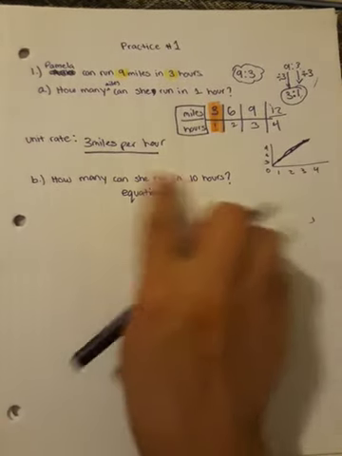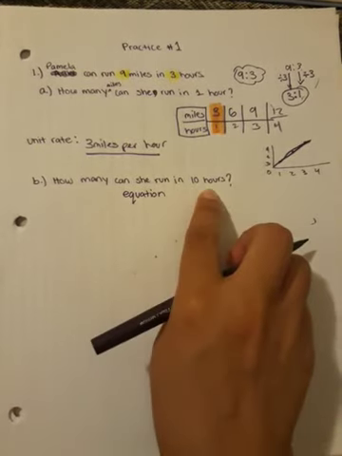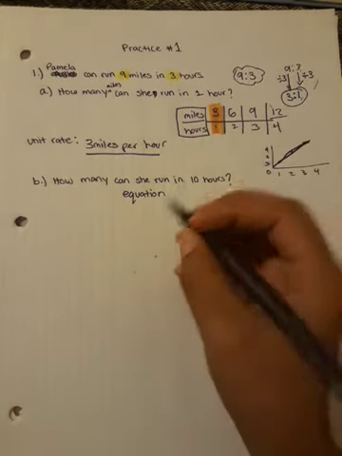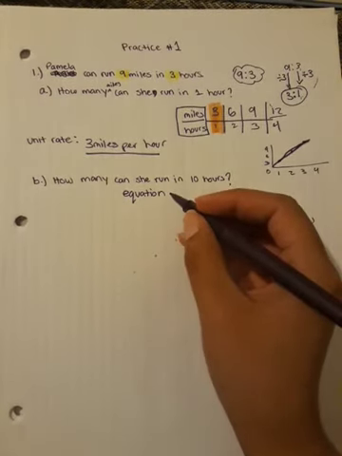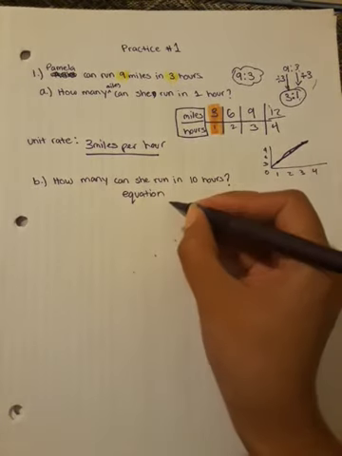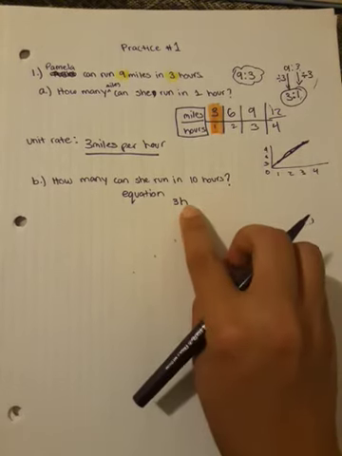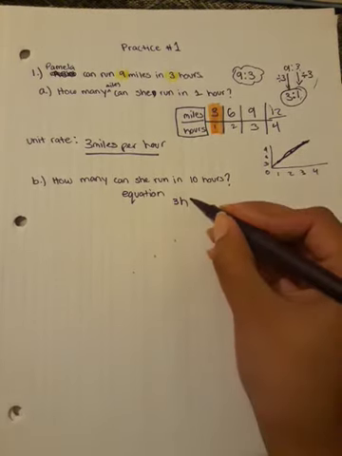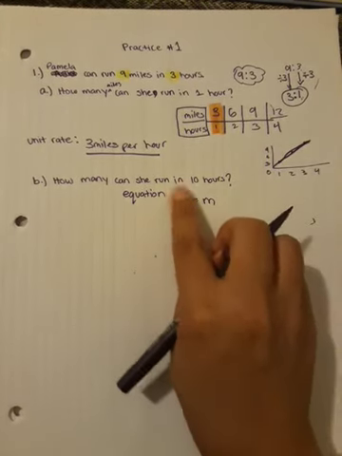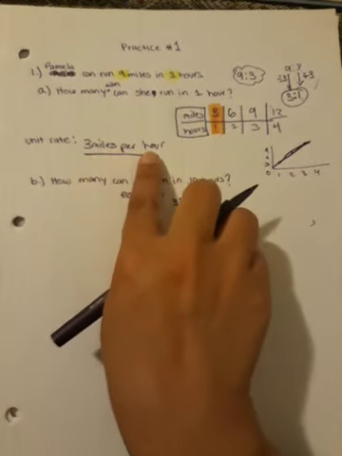So equations are always the most efficient way to figure out bigger ratios. So I know that for every 1 hour, it's 3. So 3 times the amount of hours will give you your miles, because it's 3 miles per 1 hour.